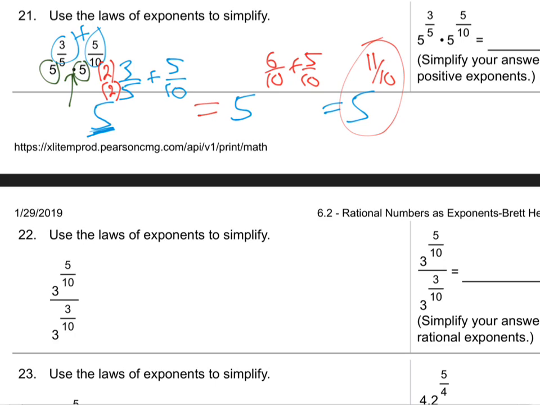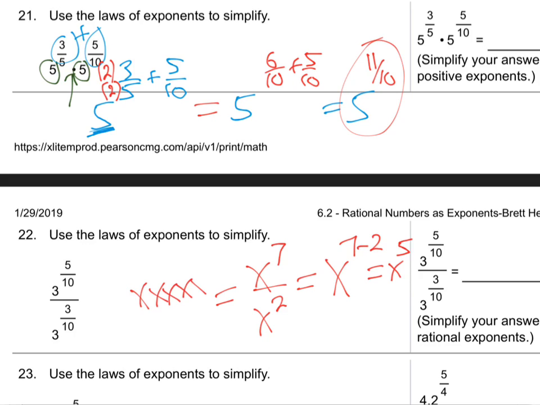How about number 22? Here we have same bases divided. Do you remember, like, if you have x to the 7th over x squared, when you have same bases divided, what do you do? Subtract, x to the 5th. Because they cancel, really. I mean, what is x to the 7th but 7 x's, and 2 x's.